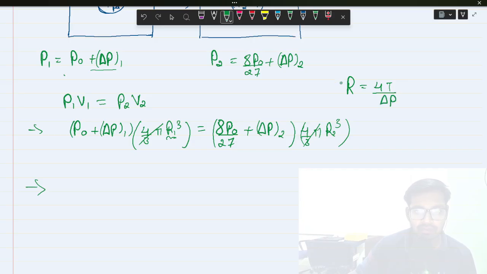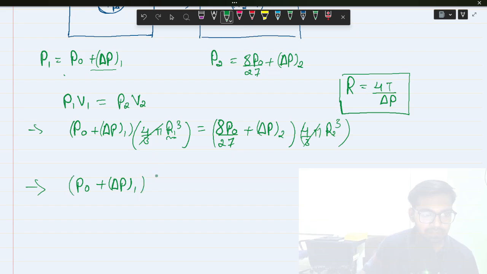So we have P naught plus delta P1 times R1 cube, where R1 is 4T by delta P1, whole cube.